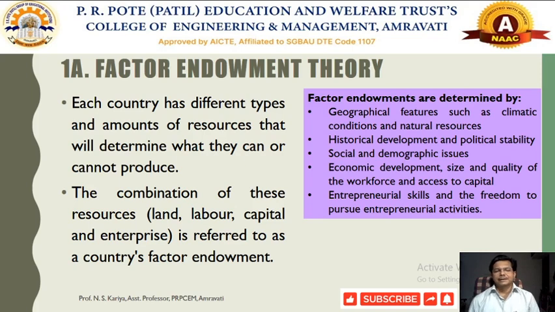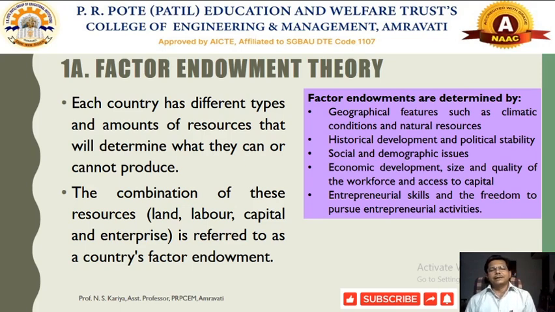If they are not producing particular goods, if they are not a self-reliant country to produce those commodities within the country itself, even in that case they can conduct international trade. So different factors are supposed to help in conducting international trade.